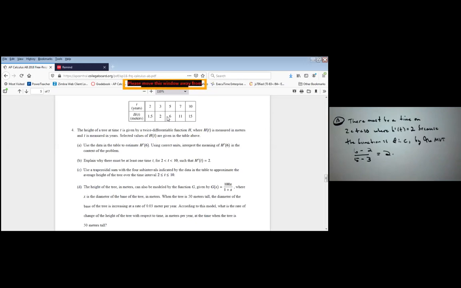Does anybody have any questions on that one? So you kind of have to go through it a little bit. This is the only one where I've seen that you got to go through it. Every other Mean Value Theorem question in the history of College Board, the endpoints always takes care of it for you. This was the first time they ever did that. So apparently it's possible.